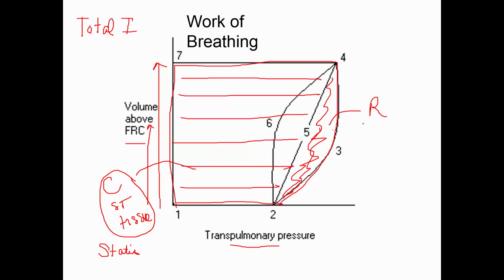This work occurs because air is moving. So this is called the dynamic part of work. All right? So static has to do with the surface tension, the tissue characteristics, and the compliance. Dynamic work has to do with airflow, and that has to do with airway resistance.